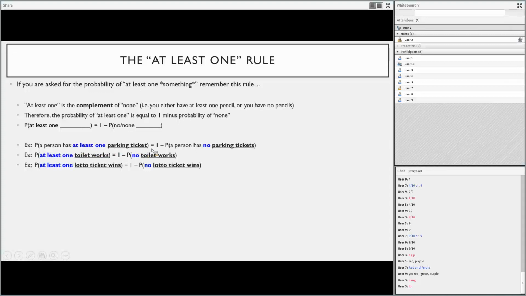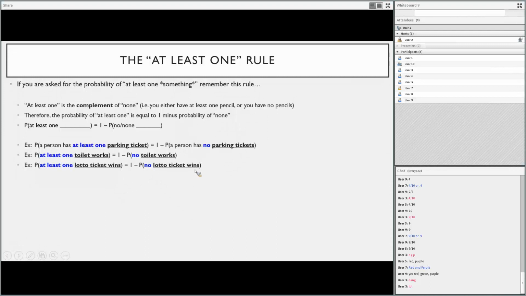For example, if the question said find the probability that a person has at least one parking ticket, then that's going to be equal to 1 minus the probability that a person has no parking tickets. The probability that at least one toilet works is going to be equal to 1 minus the probability that no toilet works.